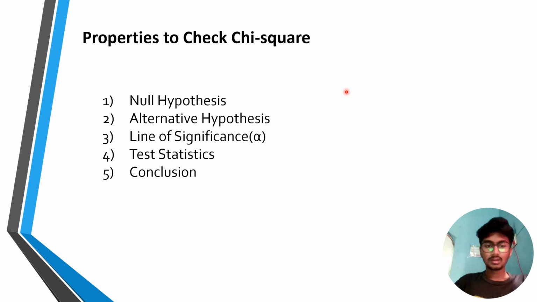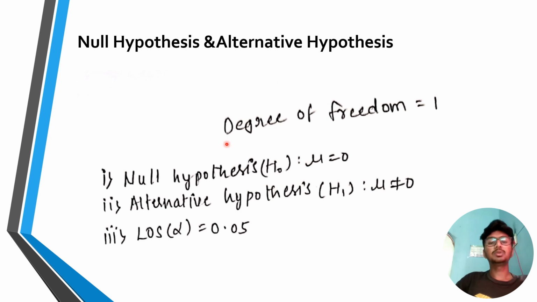As you can see in the next slide, our degree of freedom is equal to 1. Null hypothesis H0 is mu equals 0. Alternate hypothesis, denoted by H1, is mu not equal to 0. And the level of significance is given as 0.05. The level of significance is the point which we should note.